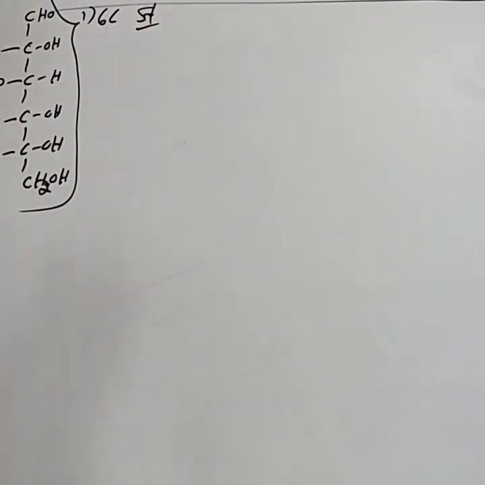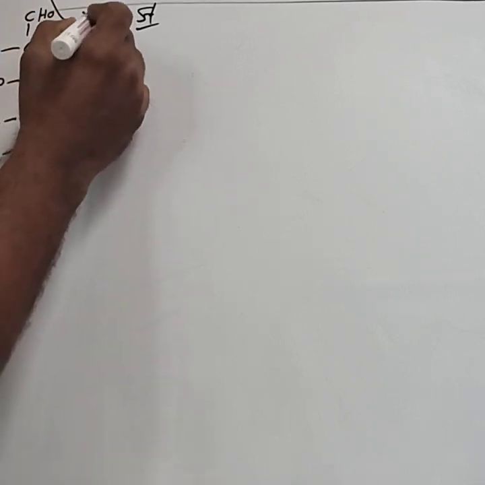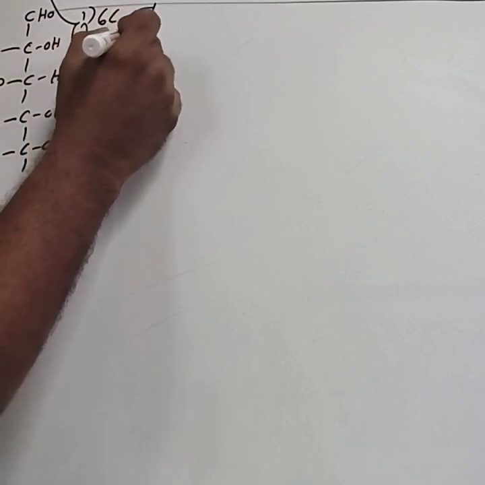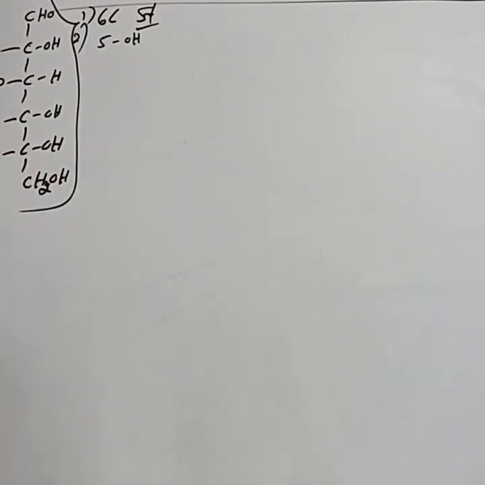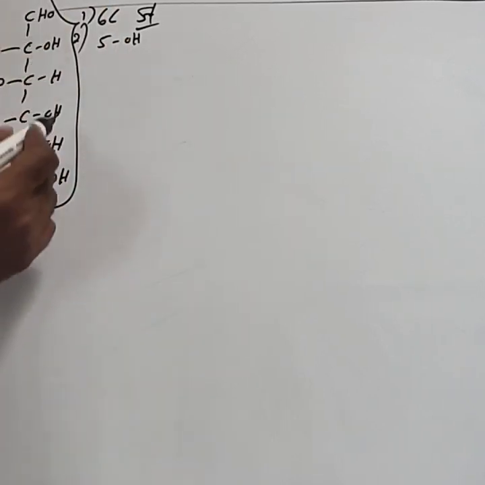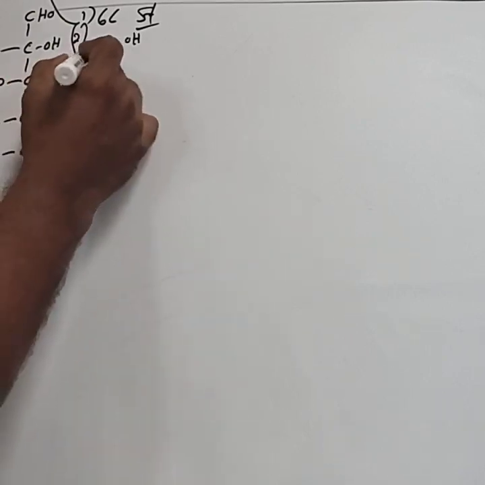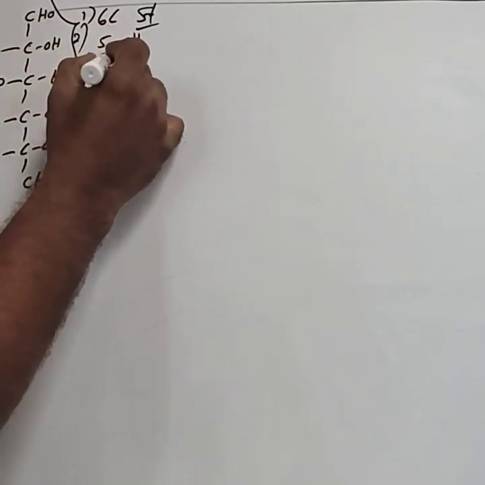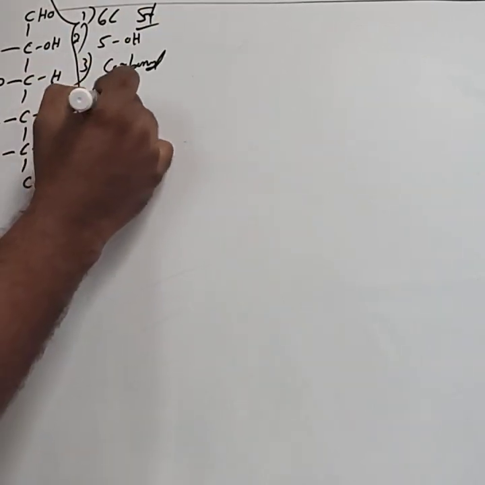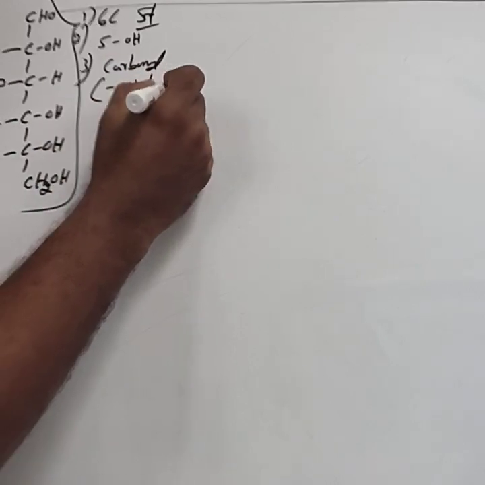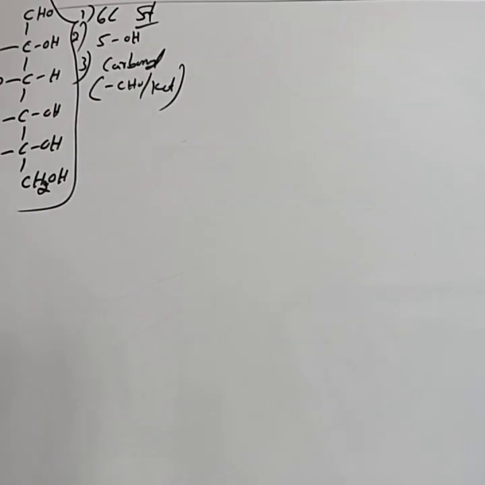You have to show that glucose has 6 carbon atoms in the straight chain. The second elucidation point is that in this open chain structure, glucose contains 5 hydroxyl groups, 5 OH groups. Next, glucose contains a carbonyl group, which may be either an aldehyde or a ketone.